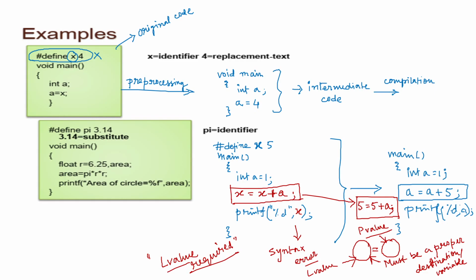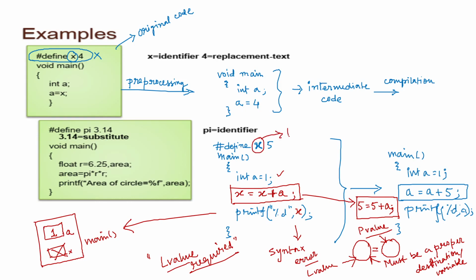If you think about the memory space for the main function, in this memory space you will have a space for a, whose value is 1, at least from this line. But there will be no such location for x, because it is not a variable.